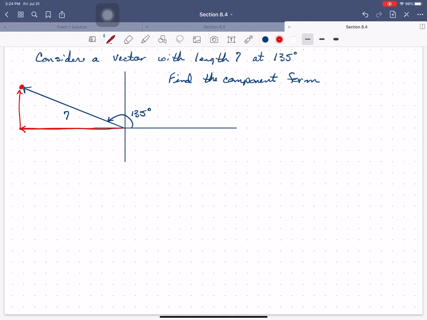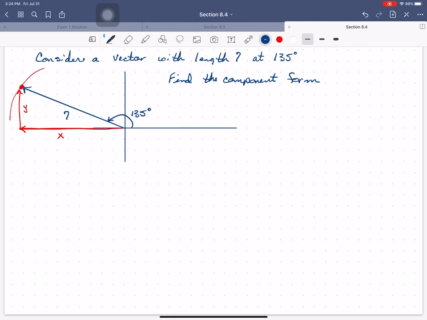Now, if we envision that there is an imaginary circle out here of radius 7, we know that the x-coordinate of this point is the horizontal displacement, and the y-coordinate is the vertical displacement from the origin.